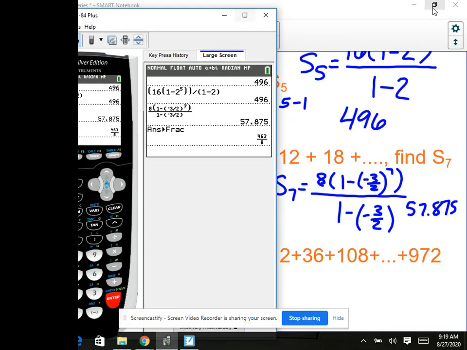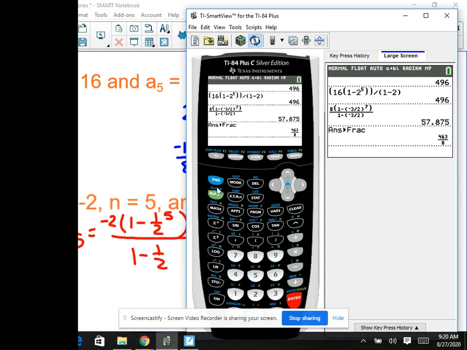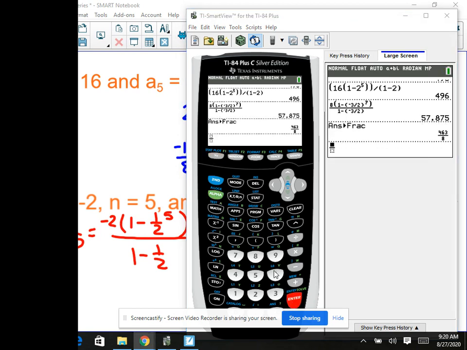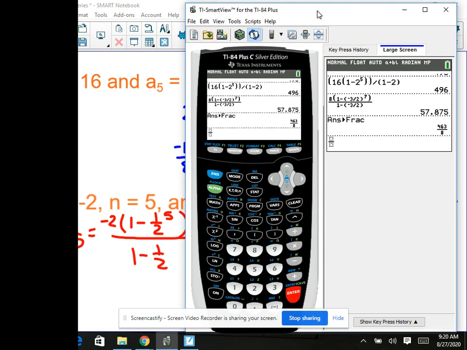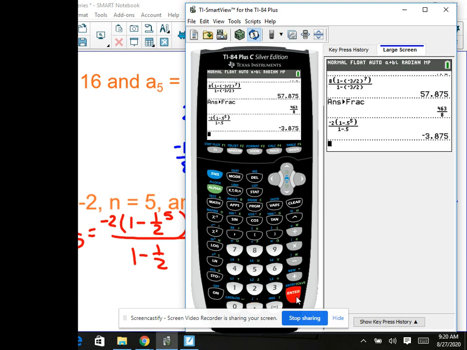So negative 2 times (1 minus, and I'll just use 0.5 so I have to type less, raised to the 5th power), over 1 minus 0.5. So negative 3.875.